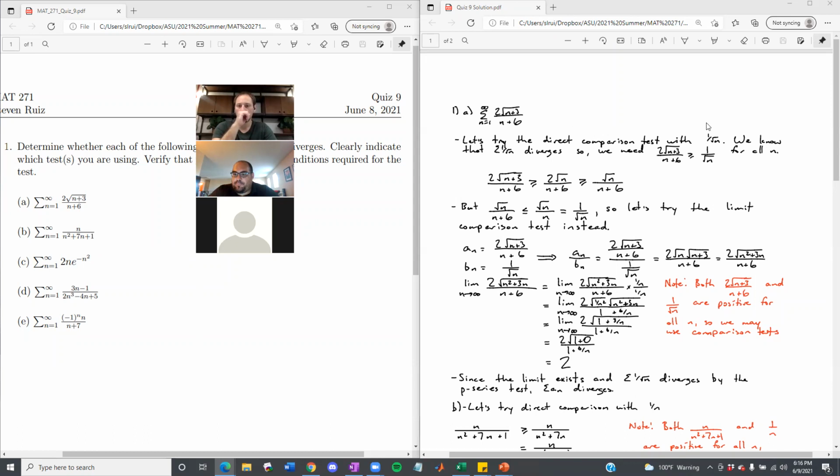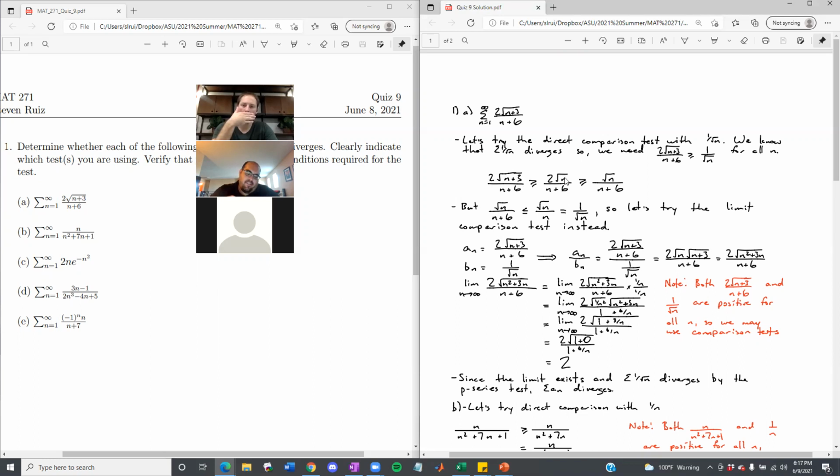But the reason the direct comparison test doesn't work is, all right, I'm going to compare this with 1 over radical n. I know that series diverges. But if you look at the string of inequalities here, it starts off fine. I have 2 times radical n plus 3 over n plus 6.